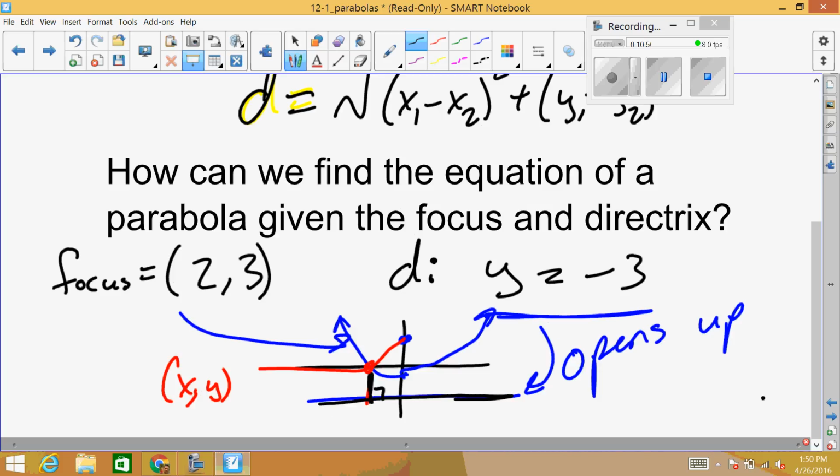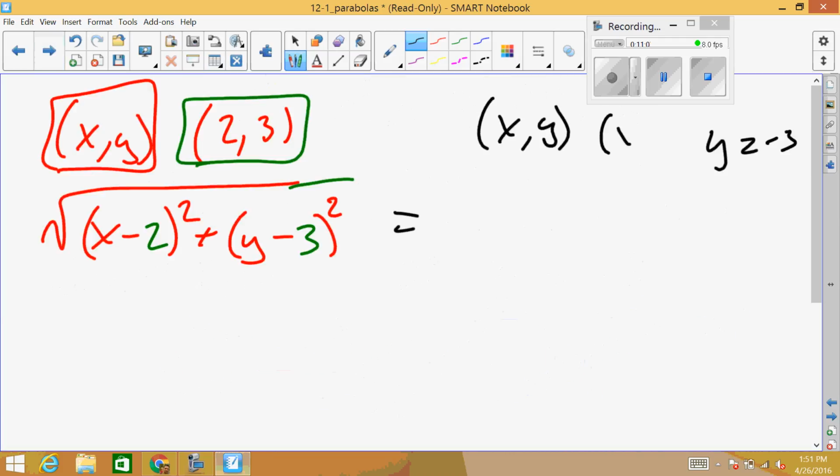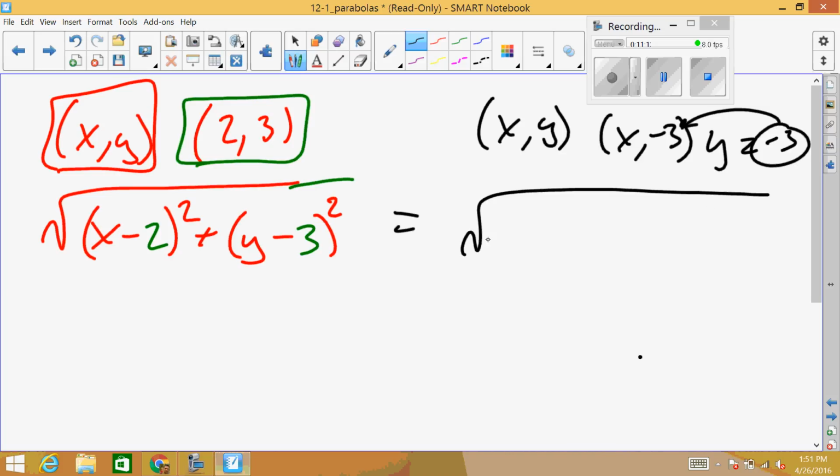Well, if this is a horizontal line, and I'm perpendicular to it, I must be vertical, which means that this point on my directrix has to have the same x value as the point that I'm measuring to on my parabola. So the point here that I'm measuring from has to be x, comma, -3. So I'll go ahead and put those under my distance formula.